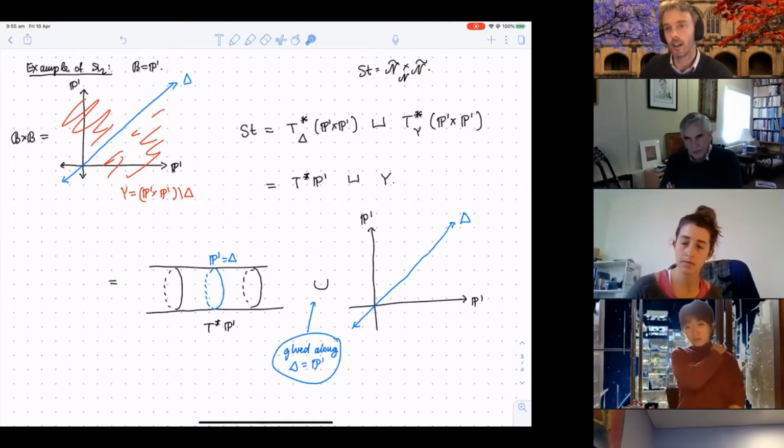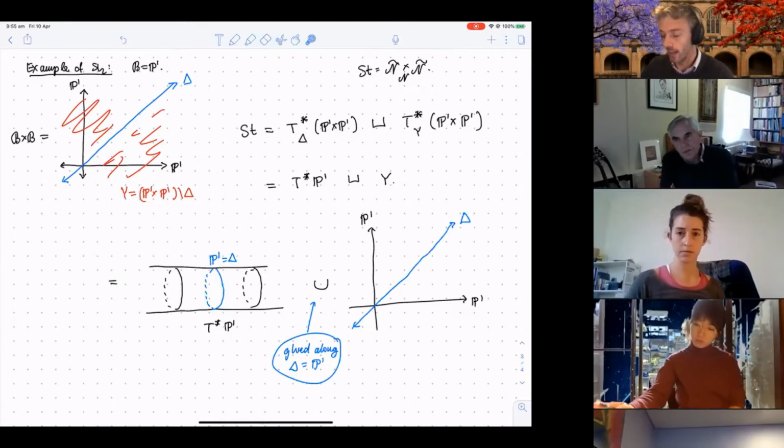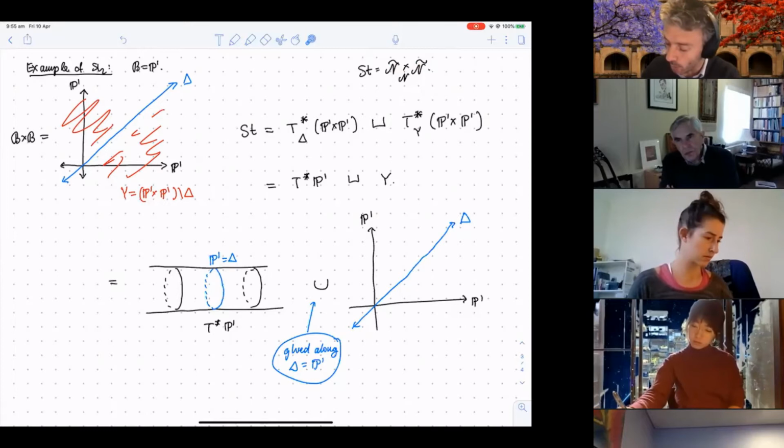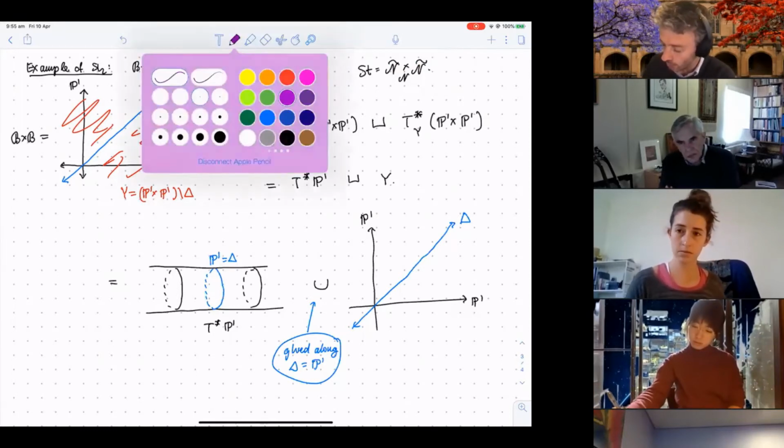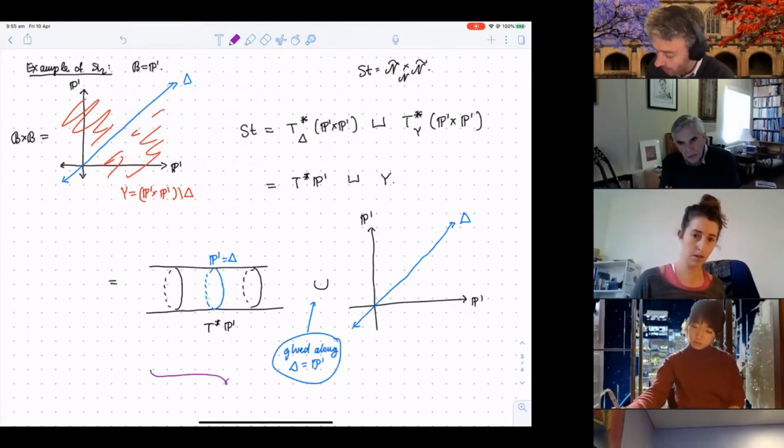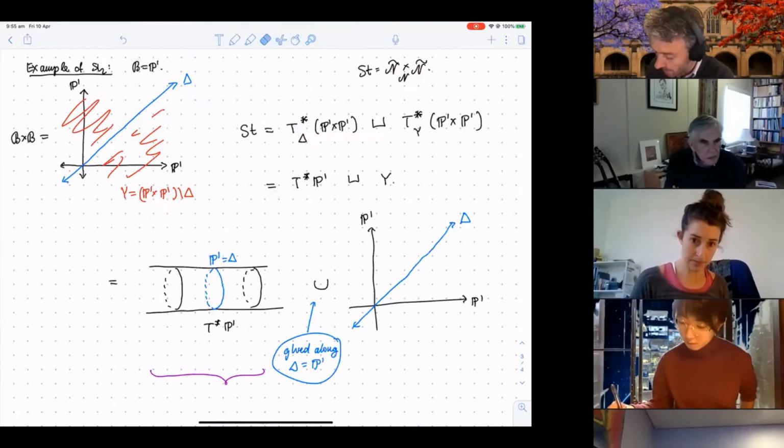That's clearly something in the fiber product. And so that gives you a boring component, and it's probably not too sacrilegious to say that this is the boring bit, the easy bit.